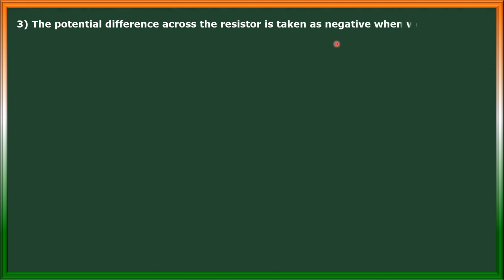Next, the third convention is that the potential difference across a resistor is taken as negative when we move along the direction of the current through the resistor.